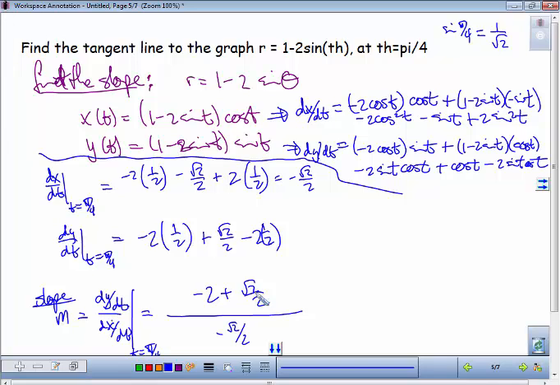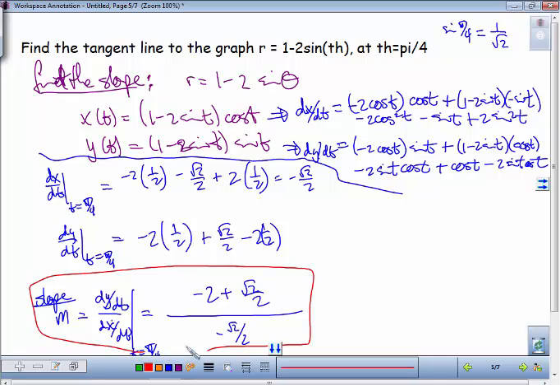So I got my slope. What do we need for an equation of a line? Slope and a point. We need a point. Oh, what's our point?